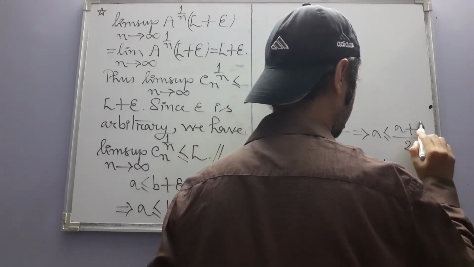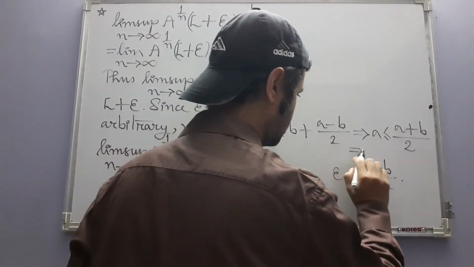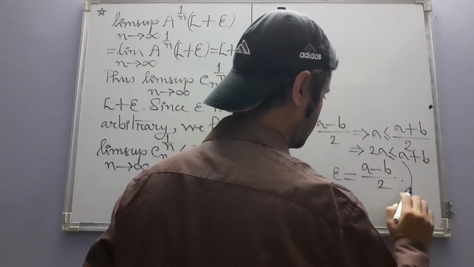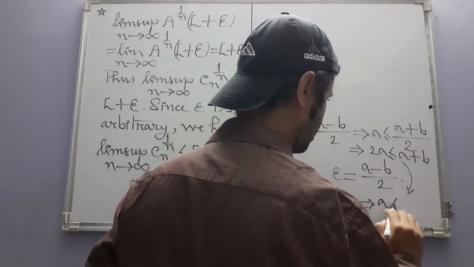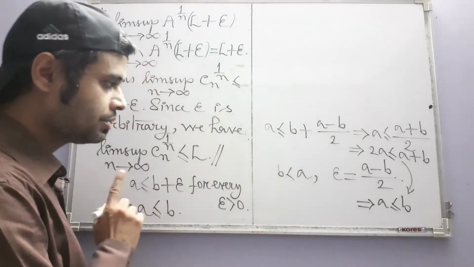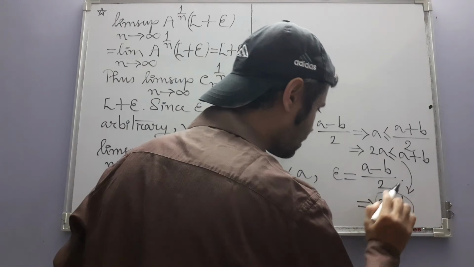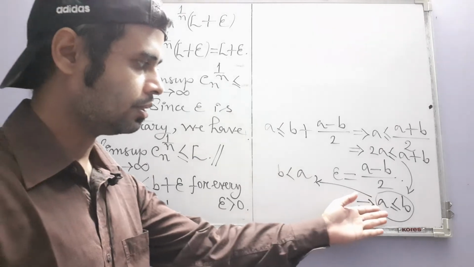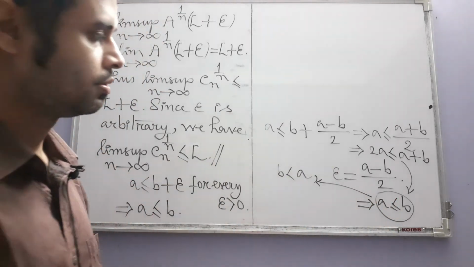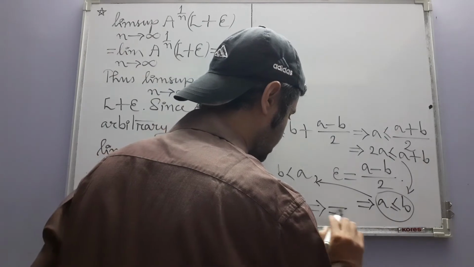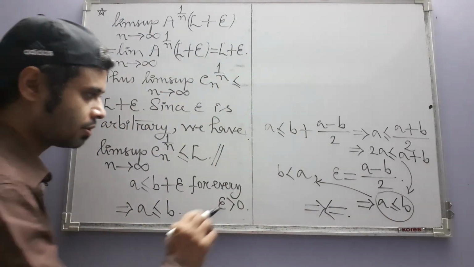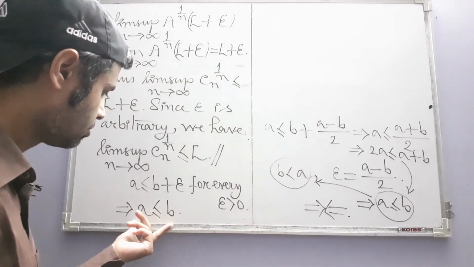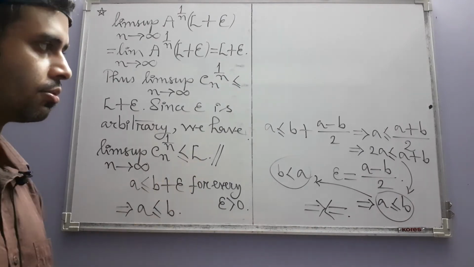So that means you will get a plus b here. So multiplying on both sides by 2, we are getting 2a less than or equal to a plus b, which implies a is less than or equal to minus b, which however is exactly opposite to what you have here. If this is our case, then these inequalities are not true, and that is a contradiction, and that contradiction has arisen because of our erroneous supposition, and that's why it is not true, and hence we should have this, and that's how we are getting this inequality.